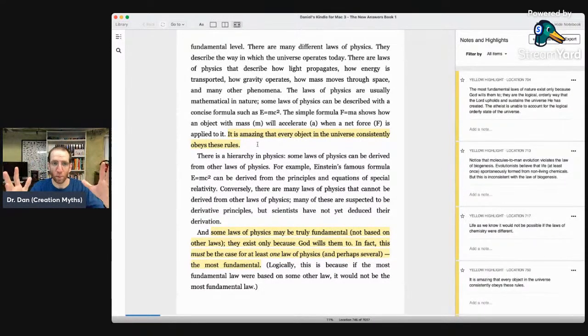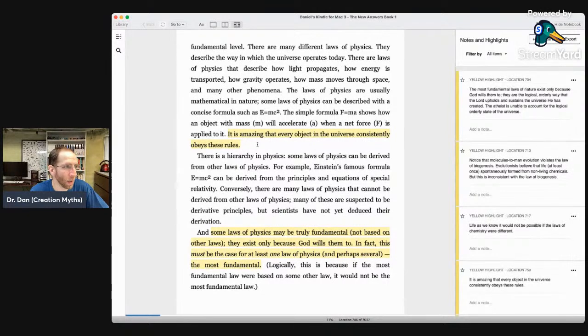Where we look at these very specific things. Weird that everything works that way. Must have been put that way. You need to have an argument there. You need to have an if, therefore, kind of situation. You can't just assert it. But again, this is not written to convince me. It's not written to convince somebody who's not already on the AIG bus, right?